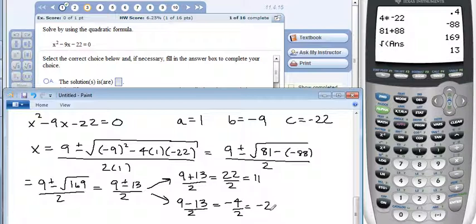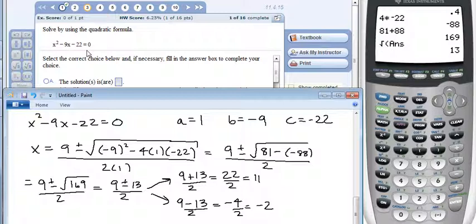Right? So these turned out to be nice whole numbers, which means obviously this was factorable. Two numbers that multiply to negative 22 and subtract to 9 would be 11 and negative 2.